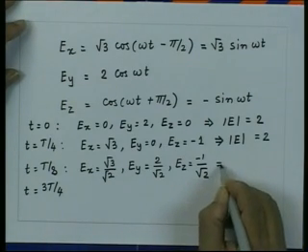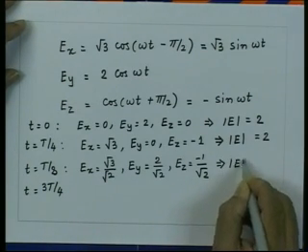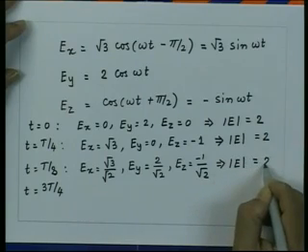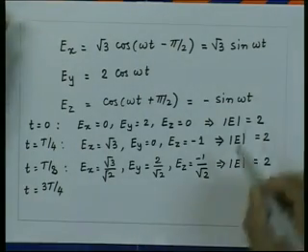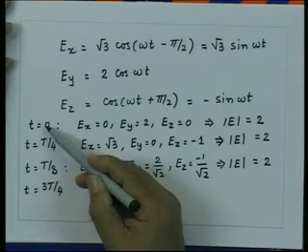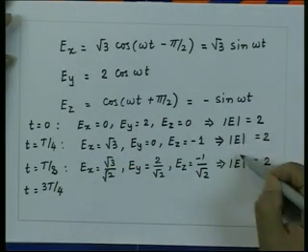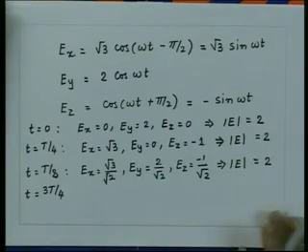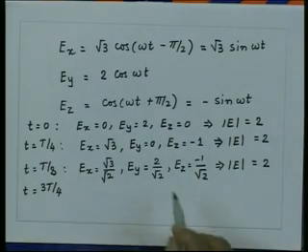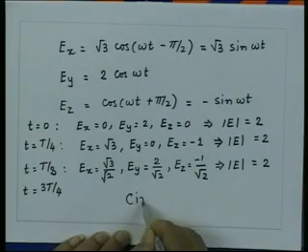Again, the magnitude of the electric field is equal to 2. So as the time varies from 0 to T by 8 to T by 4, the magnitude of the electric field remains constant, equal to 2. That means this wave represents a circularly polarized wave.